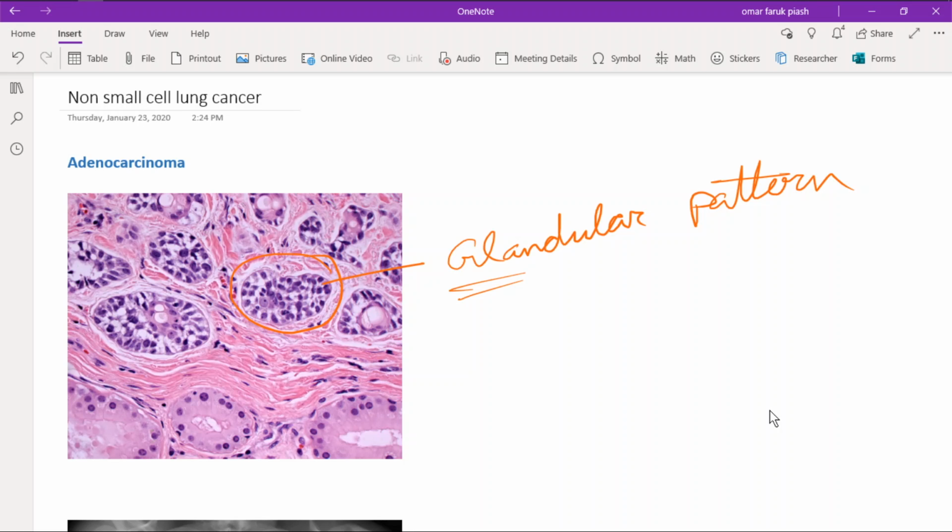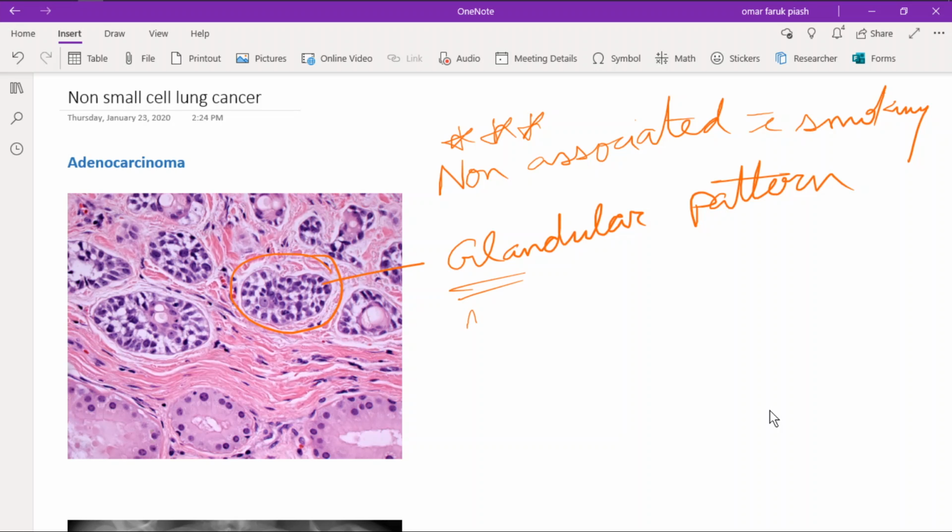It is not associated with what? Not associated with smoking. It is high yield that this is the only lung cancer that is not associated with smoking, and the rest of the lung cancers are associated with smoking. It mostly happens in women.